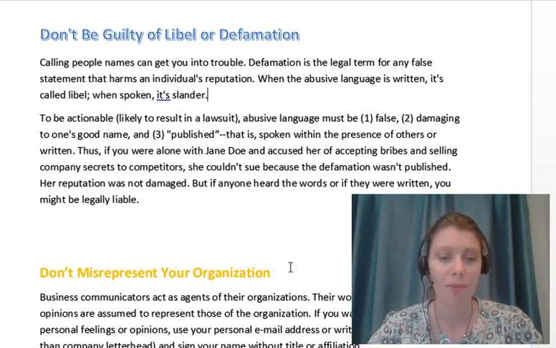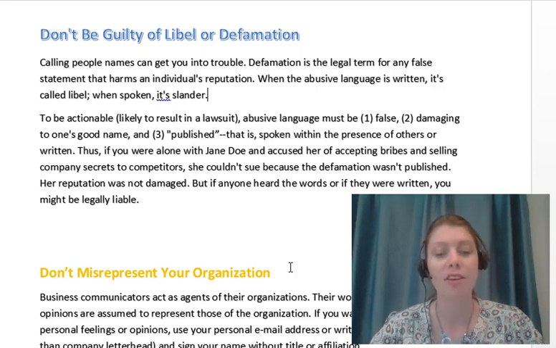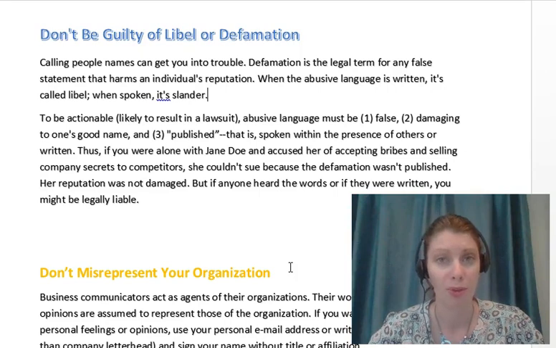A company may incur liability for messages sent through their computer system by employees. So even if you sent it, the company might be liable. That's why many companies choose to monitor outgoing and incoming emails. So whether things are in print or electronic, competent communicators will avoid making unproven charges and letting their emotions prompt abusive language.